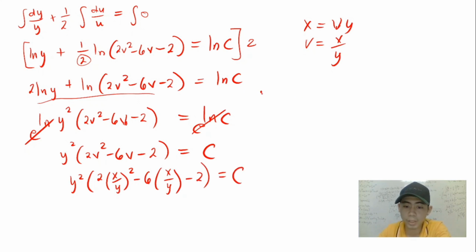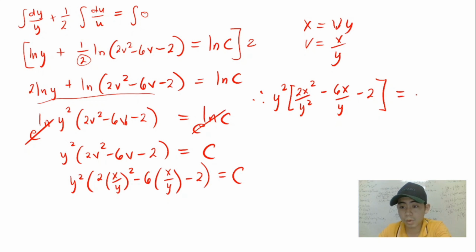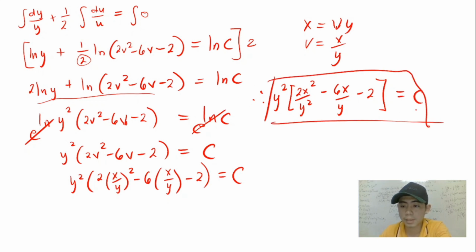Okay, so therefore, the final answer natin is y squared times 2x squared over y squared minus 6x over y minus 2 is equals to c. Okay, so yan na yung final answer natin mga lodi.